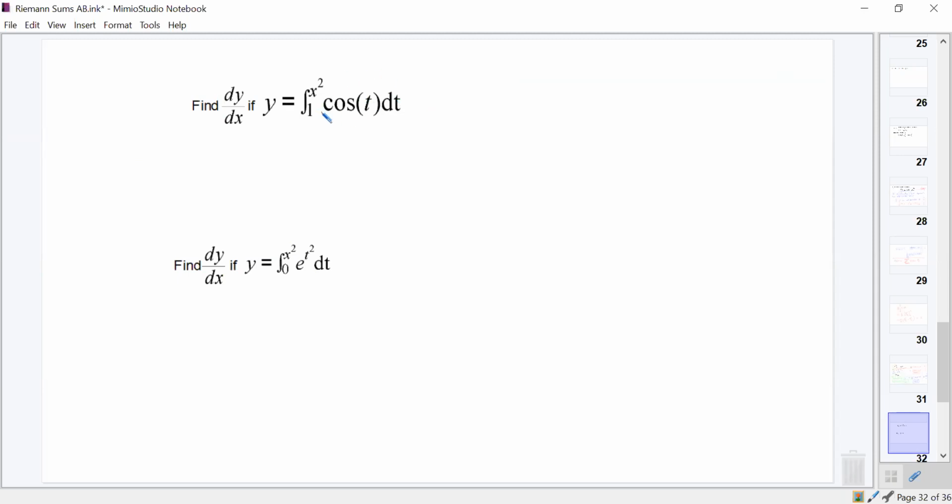And so we know, again, what's the integral of cosine? We already figured that one out, right? What function has a derivative that equals cosine? Ought to be sine, right? And so the second part of the fundamental theorem of calculus says sine of x squared minus sine of 1 is what we're going to take the derivative of.